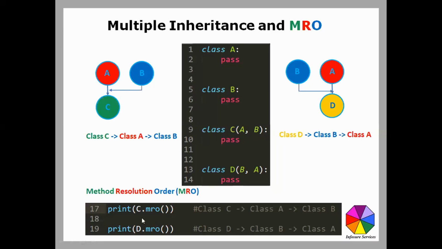Let's say you have 10 levels of inheritance, in some project where you have a base class, then parent, then child, like that. C at the lowest level dot MRO will tell how the backtracking happens. So there is a default function for it, MRO.